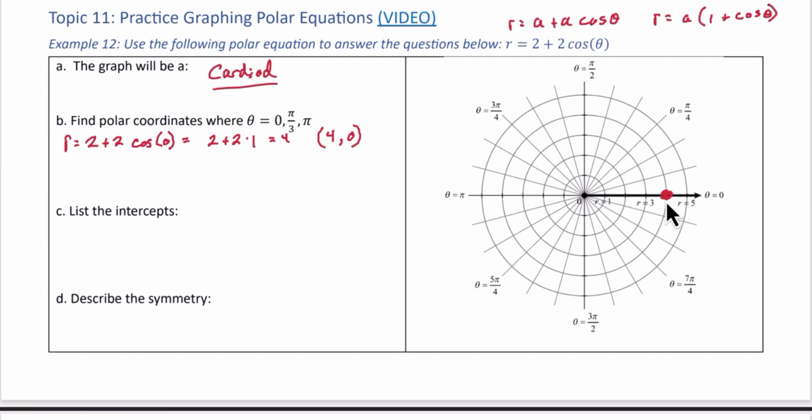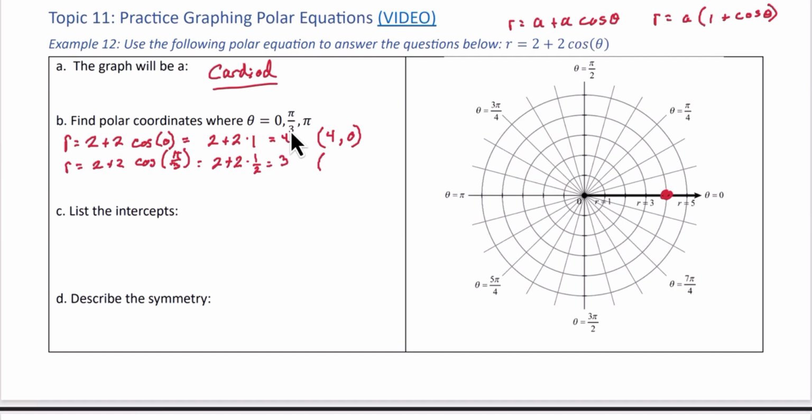Next, let's plug in the angle of pi thirds. R equals 2 plus 2 times cosine of pi thirds. That is 2 plus 2 times, let's see, cosine of pi thirds is 1/2. So that is 2 plus 1, which is 3.